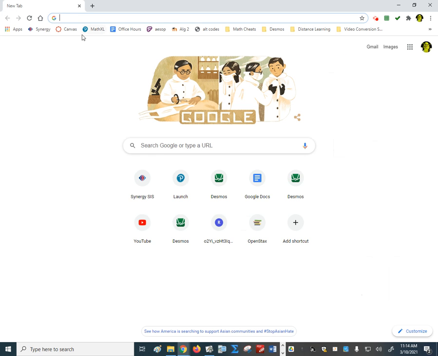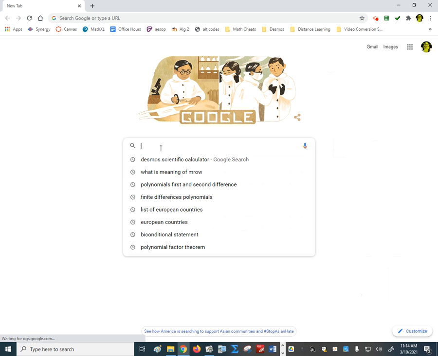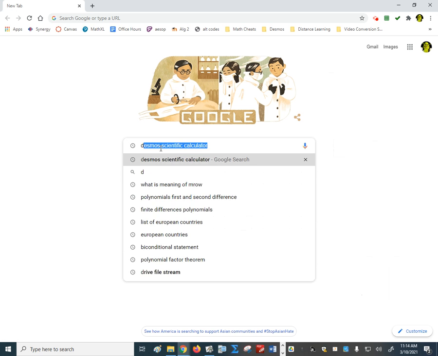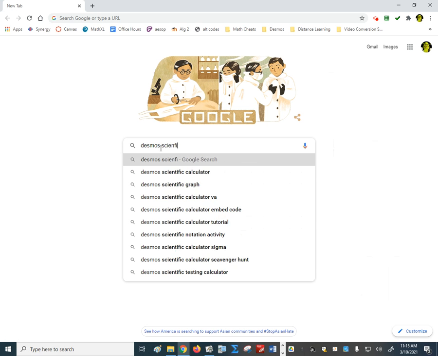bookmarked that, do it. To find it, you just go into Google and search up Desmos, D-E-S-M-O-S, Scientific. It'll pop up right away with the Desmos Scientific Calculator. Click on that.